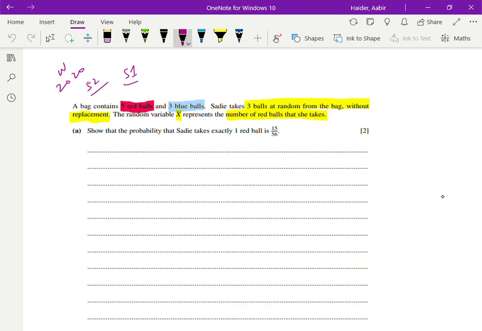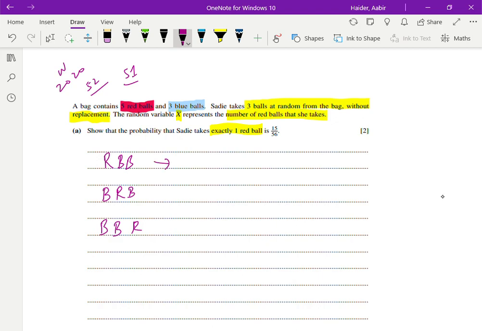Okay, so we have to show the probability that Sadi takes exactly 1 red ball. If she takes exactly 1 red ball, and she is picking up 3 balls, it should be either red at the first followed by 2 blues, or red in the middle of 2 blues, or red at the end and 2 blues at the beginning.